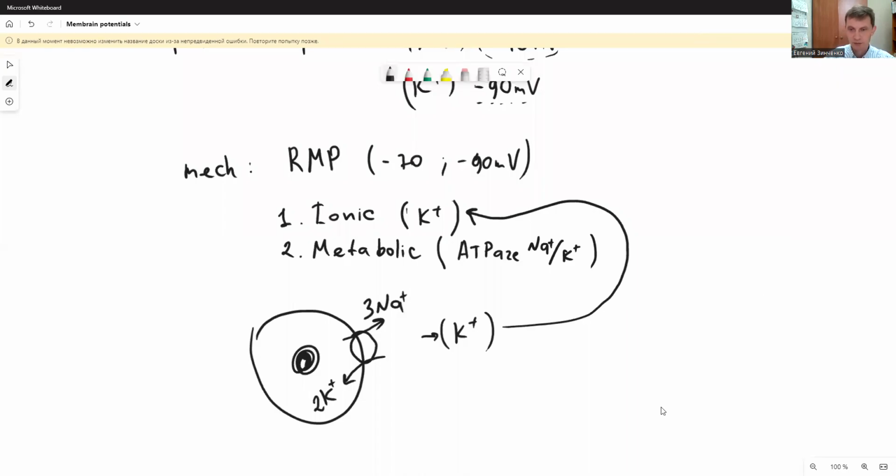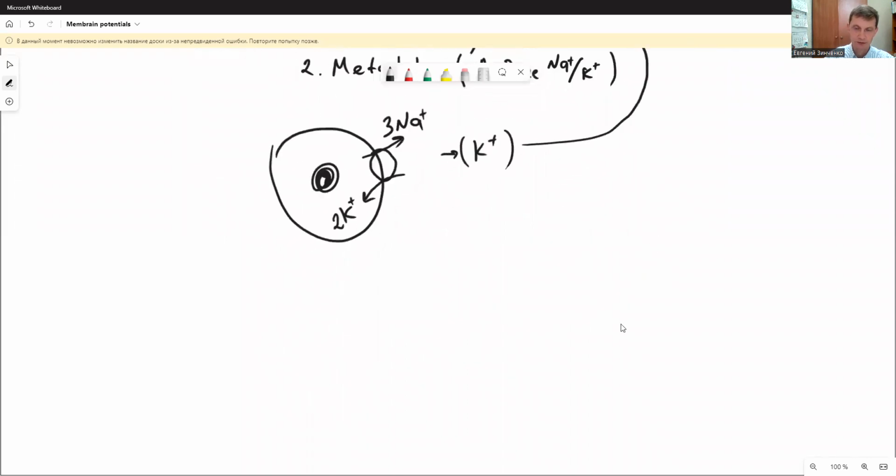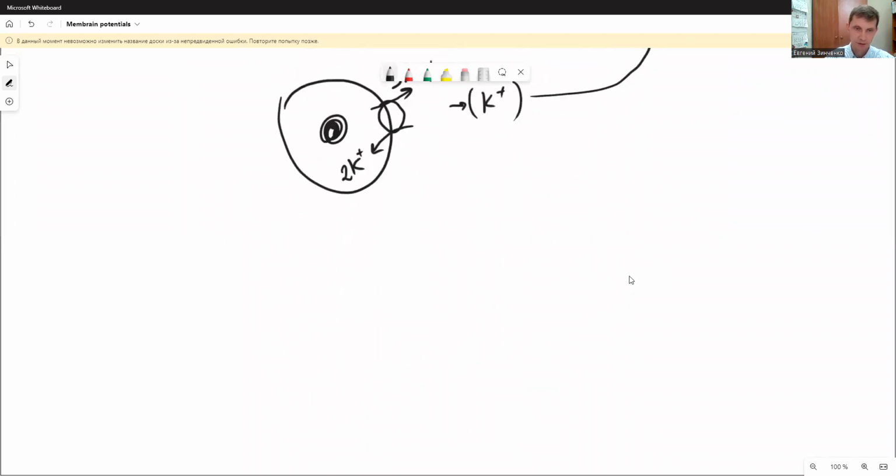For calculation of the values of equilibrium potential and membrane potential, we can use basic equations. First of all is Nernst.